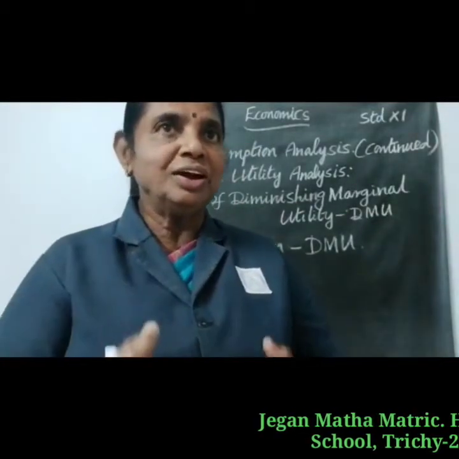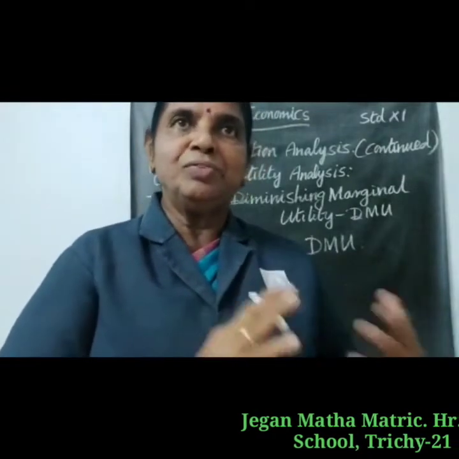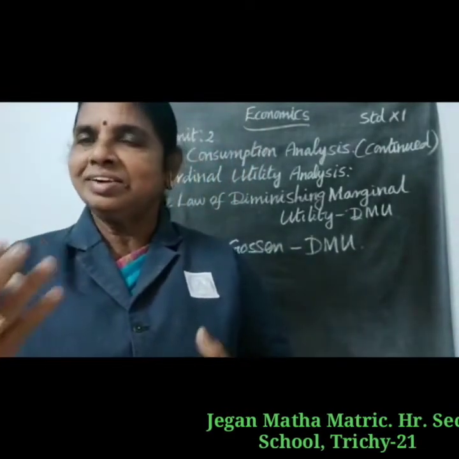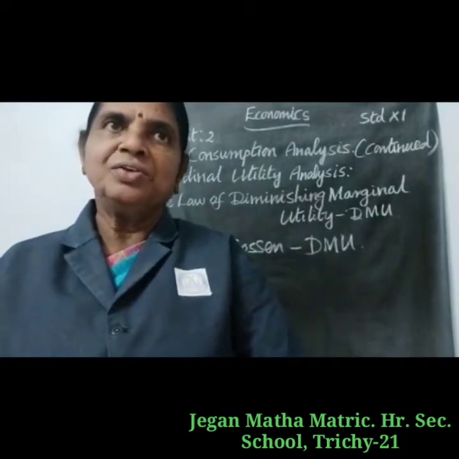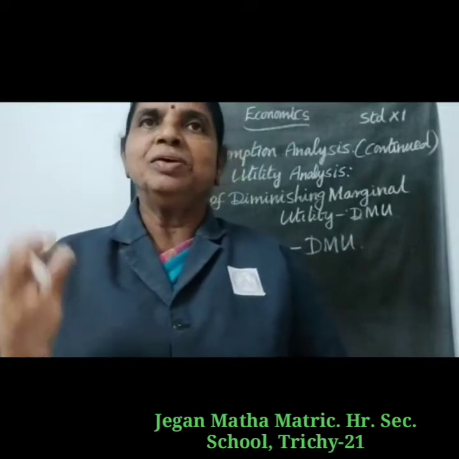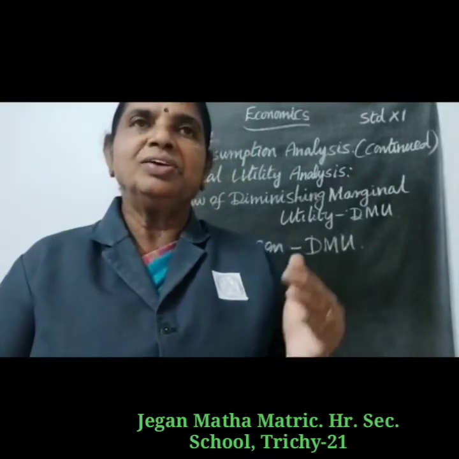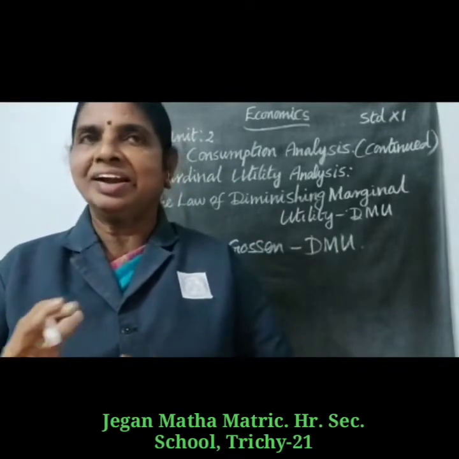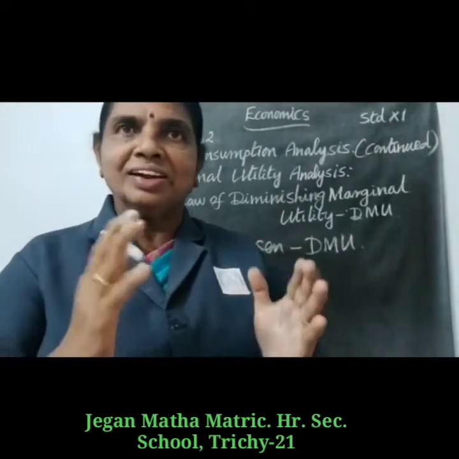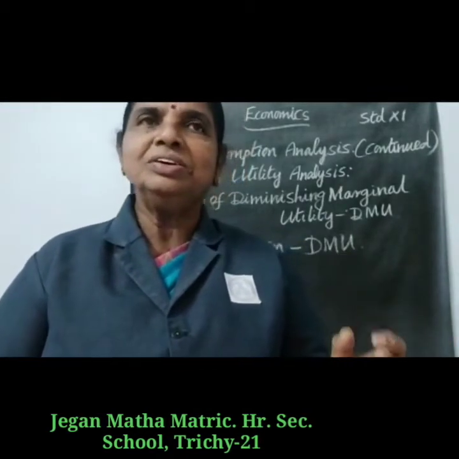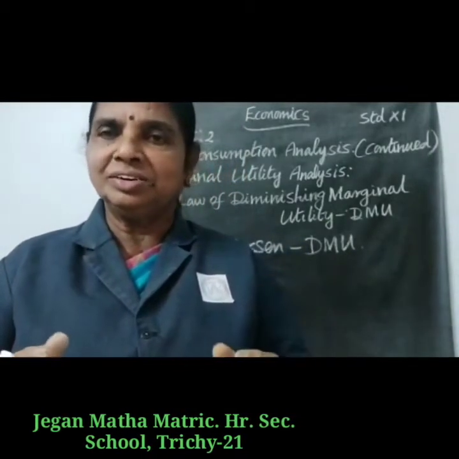Then the utility of the third apple will be less than 15, say 10, and so on. So finally, the utility from the fifth apple becomes 0 and the utilities from the 6th and 7th apple are negative. This tendency is called the law of diminishing marginal utility.